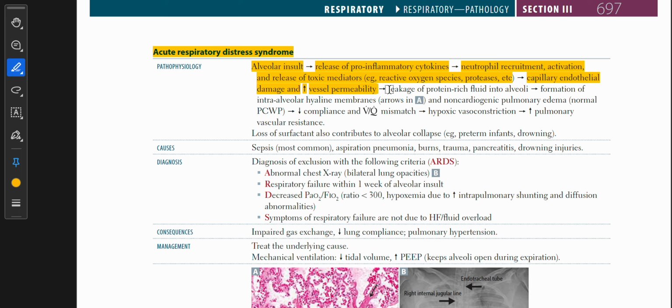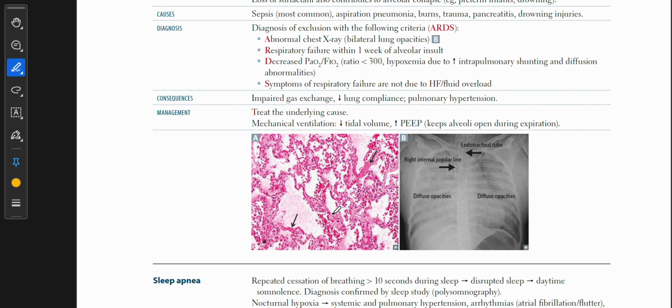So this is a case of exudate, and leakage of protein-rich fluid into alveoli leads to the formation of intra-alveolar hyaline membranes, as shown in figure A right here. That is the shaded portion.